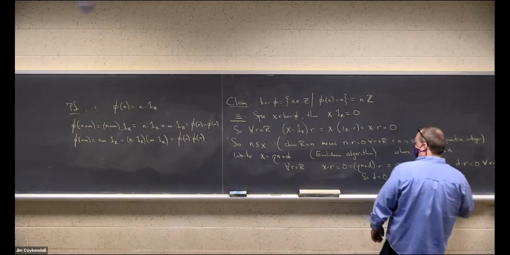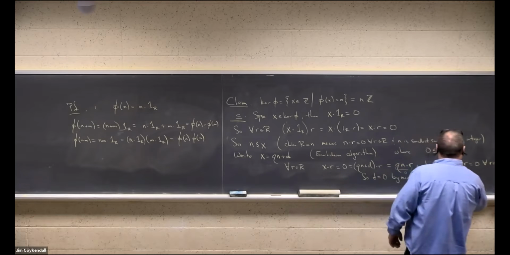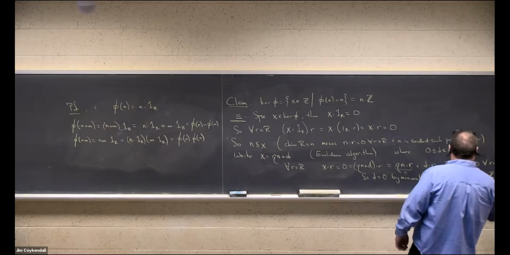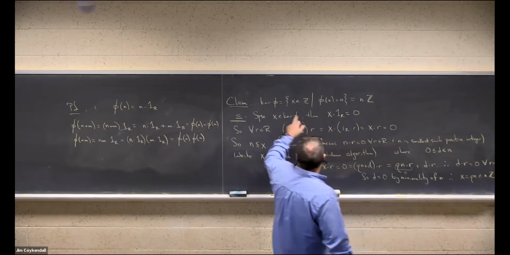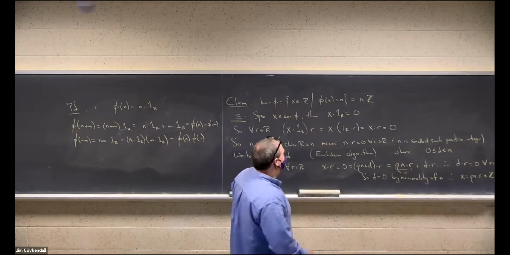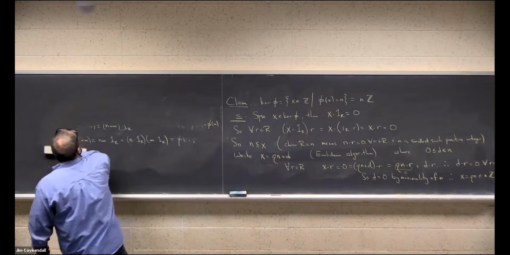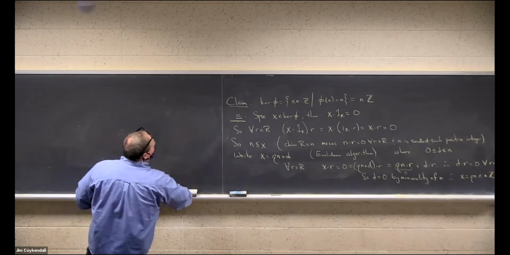Therefore, x is qn, in nZ. So we've got one direction. And let's do the other direction. The other direction is a little easier.